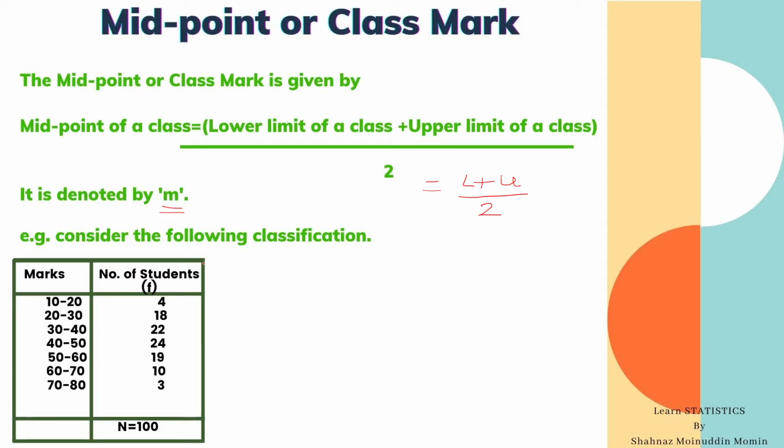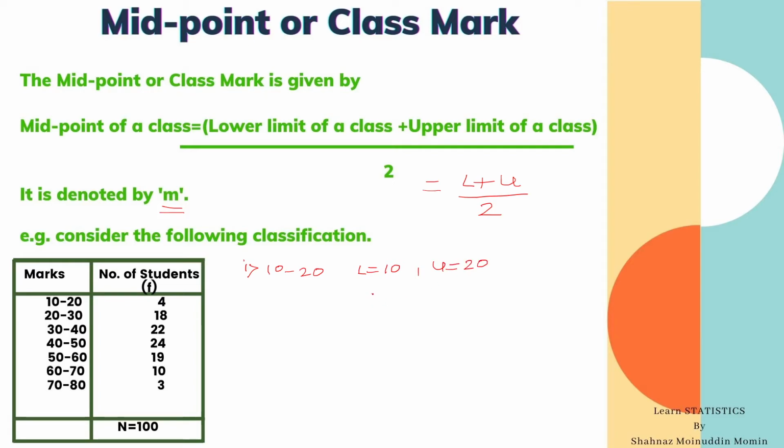Consider the classification of number of students with marks. Consider the first class, 10 to 20. Here L equal to 10 is the lower limit and upper limit U is 20.